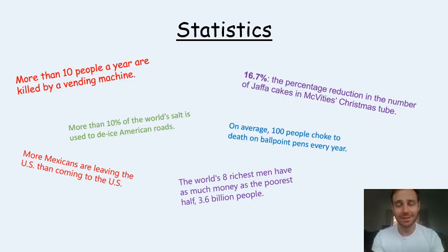So statistics can be used, as you can see, in a whole range of different ways. They can be used to prove some really quite serious points like immigration and wealth inequality, or some slightly more interesting and funnier ones like vending machine deaths and Jaffa cake reduction. The point about them is that they are always using a figure, so there's quantitative data every single time.